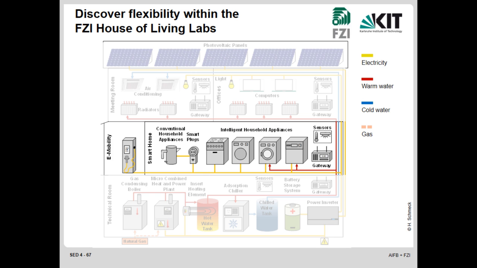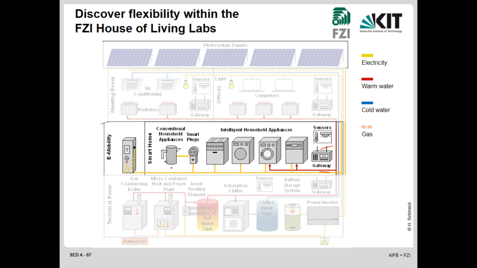Then we have this household or smart home scenario with household appliances, again gateways and sensors. And here we have, different from the smart home on campus, here we decided explicitly to use very different devices. So they are all talking different protocols, or quite different protocols.